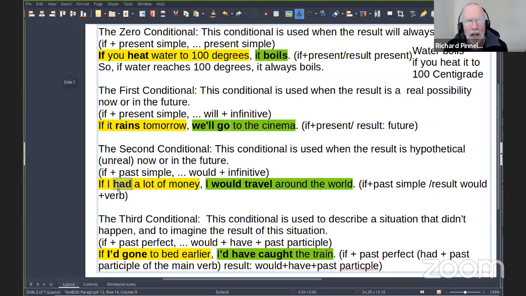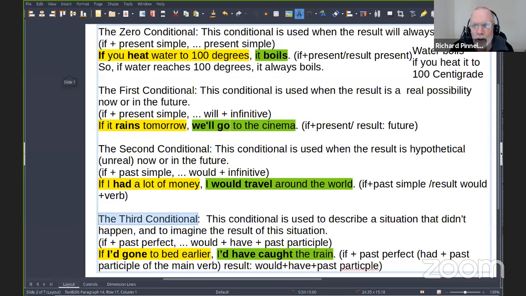I don't have a lot of money, but if I had a lot of money, completely imaginary, I would travel around the world. Again, we can change the order and say, I would travel around the world if I had a lot of money. So finally, that brings me to the subject of today's class, which is the third conditional.